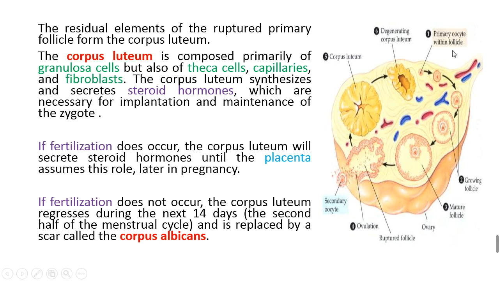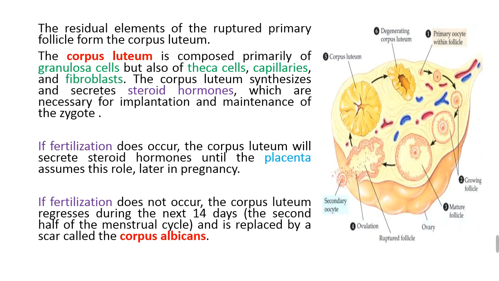The remaining part of the ruptured Graafian follicle will form what is called the corpus luteum, which is composed primarily of granulosa cells, but also contains the theca cells, capillaries, and fibroblasts. The corpus luteum synthesizes and secretes steroid hormones, which are necessary for implantation and maintenance of the zygote.